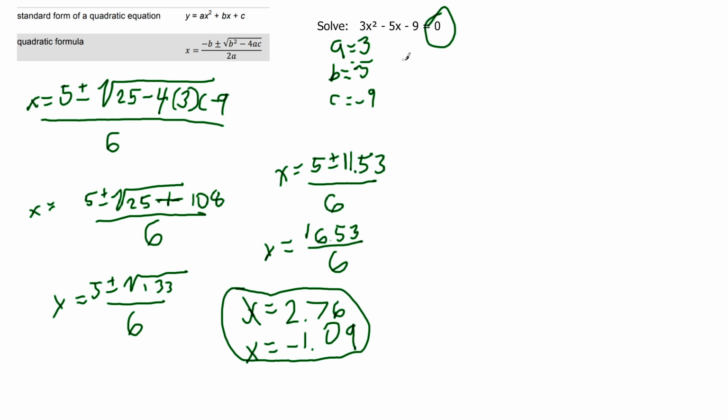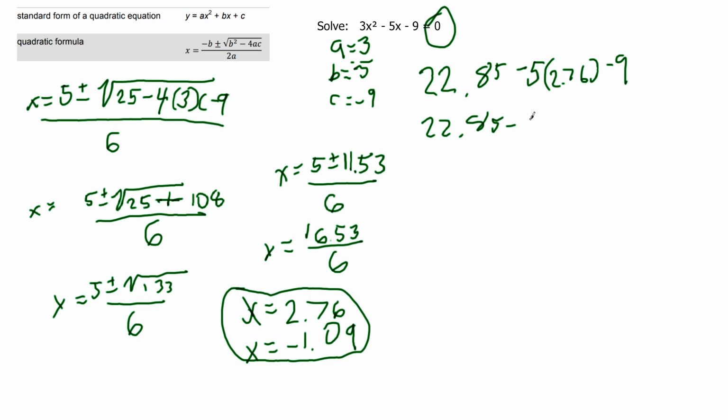So we'll do 3 times 2.76 squared, minus 5 times 2.76, minus 9. 2.76 squared is 7.62, times 3 is 22.85. Then 5 times 2.76 is 13.8.